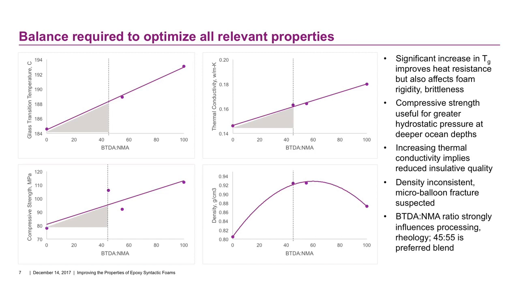And as you see here, this is fairly predictable performance. We've got increasing cross-linking density afforded by the increasing amount of BTDA. So you've got a very nice increase in glass transition, which leads to improved heat resistance. And all of this can be put to very good use when you're looking at deep water applications.